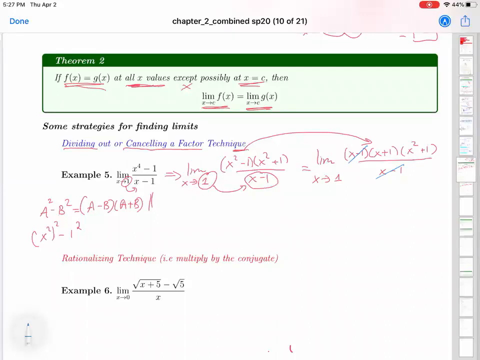What is left over is x plus 1 times x squared plus 1. Now is the time when I can plug 1 into x to find the limit. So 1 plus 1, 1 squared plus 1, the answer should be 4. So I used the canceling a factor technique to find this limit.